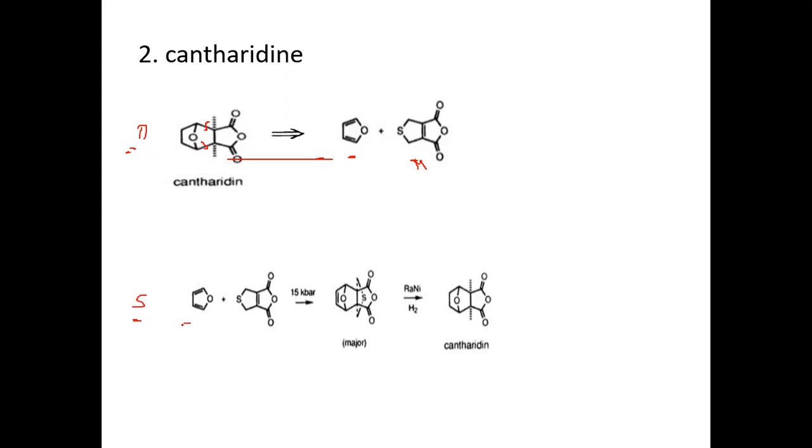We shall see the synthesis of this one. We'll take a furan and we'll add a derivative of that maleic anhydride. You know that Diels-Alder reaction. This will add here, this will come here and this will go here. But look at here, in our product we don't have a double bond here, but here we got a double bond. Extra double bond is there, right?